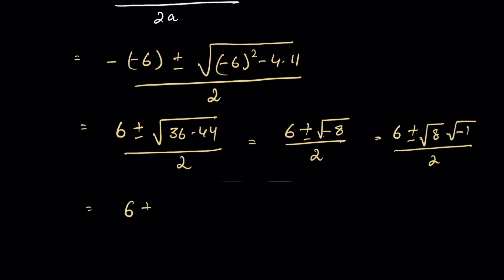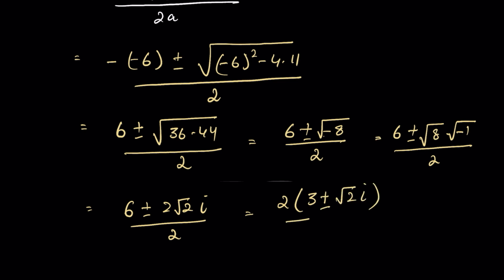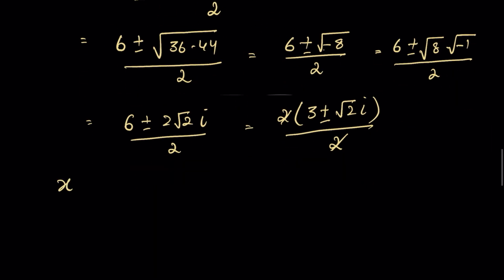So (6 ± 2√2 i) upon 2. Let's take 2 common here. So 2(3 ± √2 i) upon 2, so 2 and 2 get cancelled. So the other complex solutions can be 3 ± √2 i.